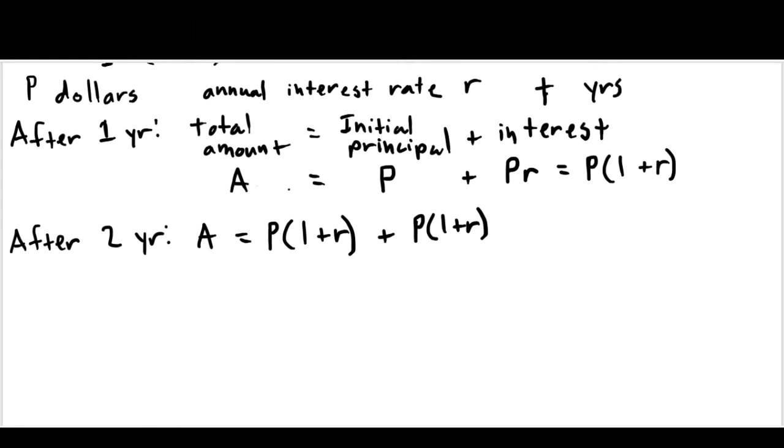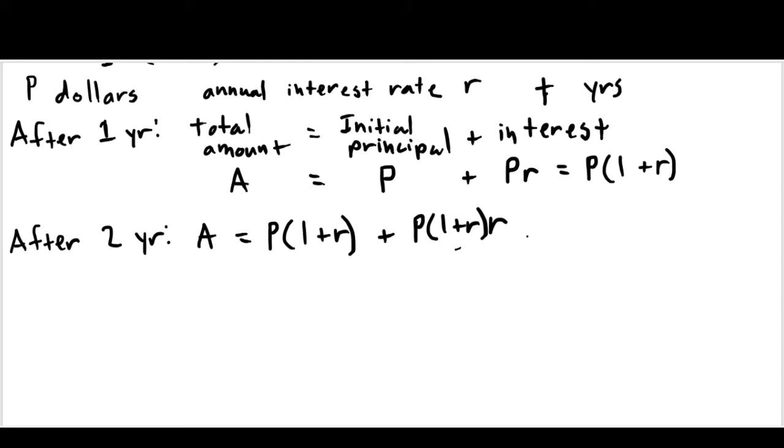Now the amount of money in the account is this, so I multiply it by R and then by T. But again, T is equal to 1 because exactly 1 year has elapsed. So this is the amount of money in the account after 1 year passes, and this right here is the amount of interest after 2 years.